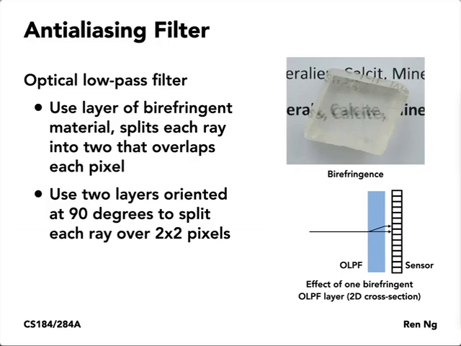The collection of rays that would have arrived at 1 pixel and been integrated into its 1 pixel value is now split into each of them individually, of course, but as a collective, they're split into 4 sets, each of which is going to put the same light that would have gone into 1 pixel and been integrated into 1 digital value. It's now going to add into all 4 of the neighbors in a 2x2 block as well.